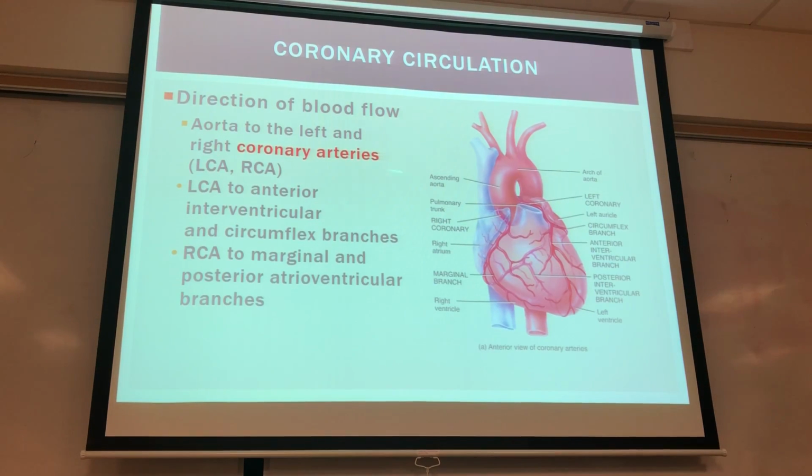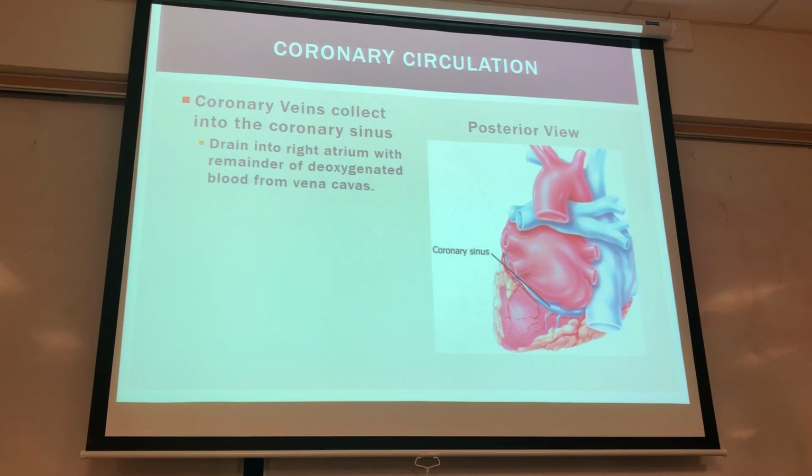So naturally, the coronary circulation is going to deliver blood flow. It's going to be the first output of the aorta itself. And I'm not going to have you break down and look at the anterior interventricular or circumflex branches. Don't worry about that.